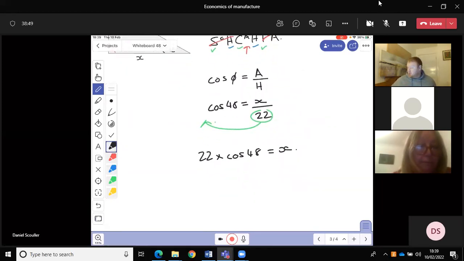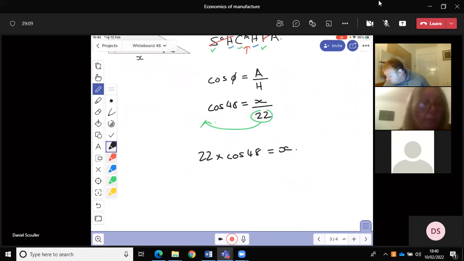Now, get comfortable with cos, sine and tan in your calculator. We use it as another part as well. They're buttons on their own. Sine, cos and tan are usually 3 buttons in a row, so it should be pretty clear to you.